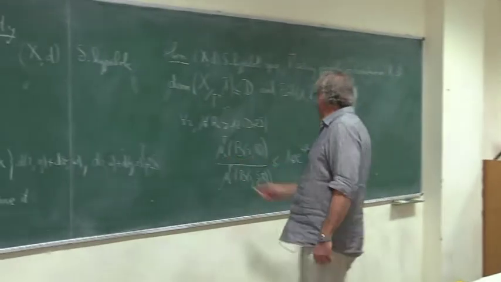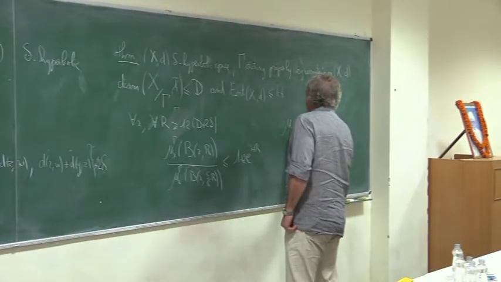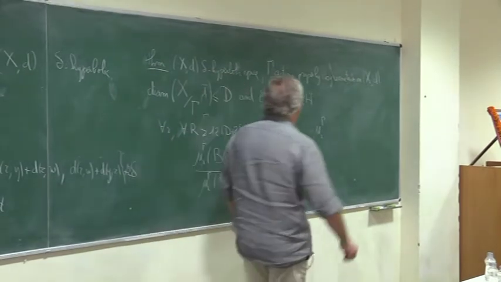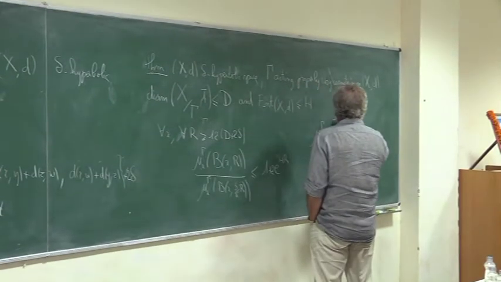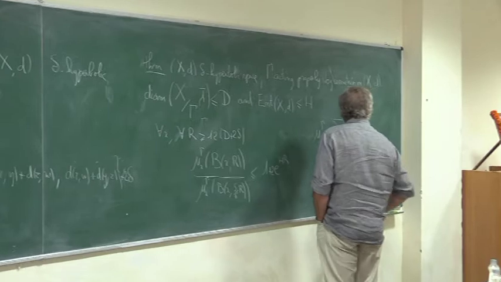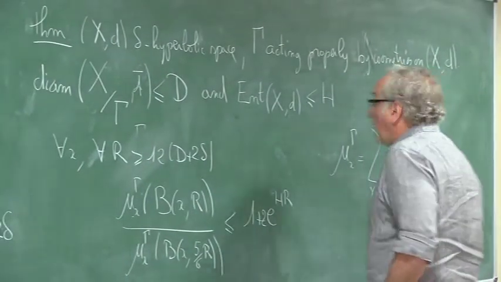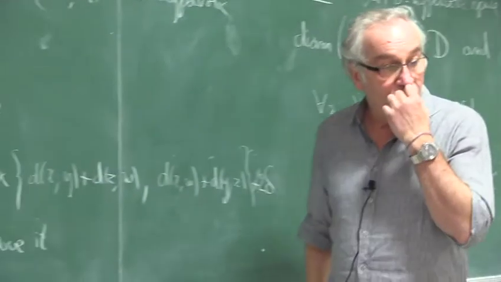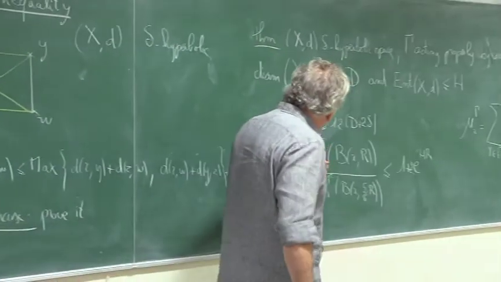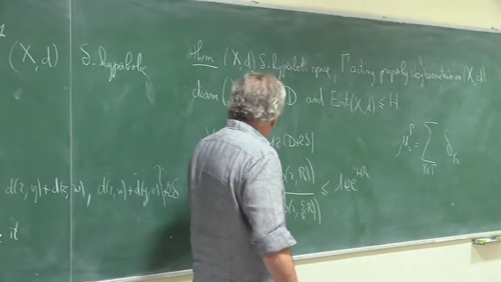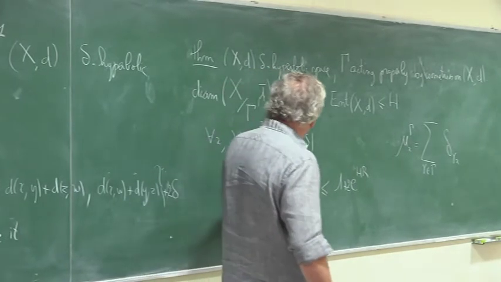And I recall to you that this is nothing but a counting measure. So this is just the sum of Dirac masses on the points of the orbit of the point x by the group. So when I write this, the measure of this ball is just a number.